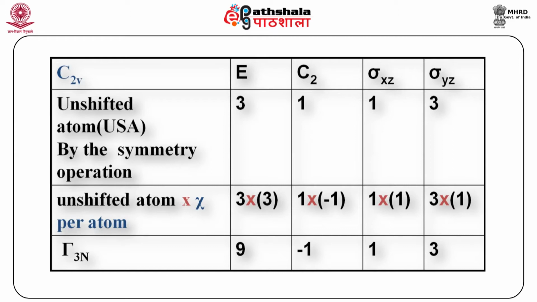Just by simply noting how many atoms are unshifted, and multiplying with them the character corresponding to E, C2, sigma xz and sigma yz, in which we have taken 3n vectors as the basis, we can directly get the tau reducible representation. This is the example of the water molecule.